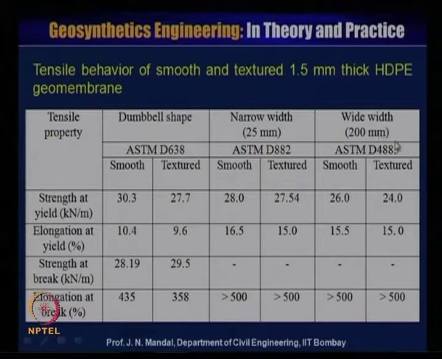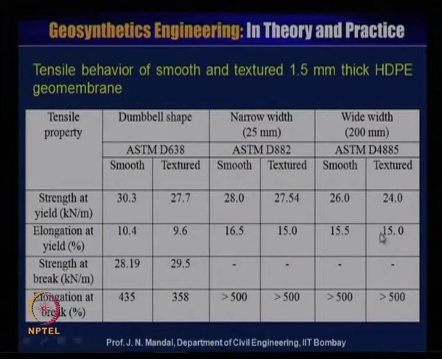For wide width 200 millimeter, ASTM D4885, smooth is 26 and textured 24. Elongation at yield in this case is 10.4 percent, this is 9.6 percent, this is 16.5 percent, this is 15 percent, and in the wide width case this is 15.5 percent, this is 15.0 percent.